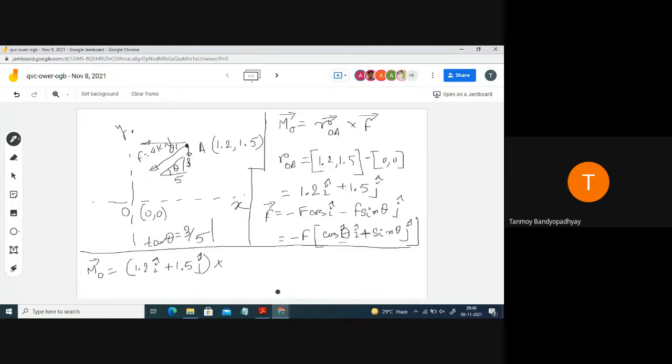Cos theta will be 5 by root over 25 plus 9, so root 34. So sin theta will be perpendicular by hypotenuse.